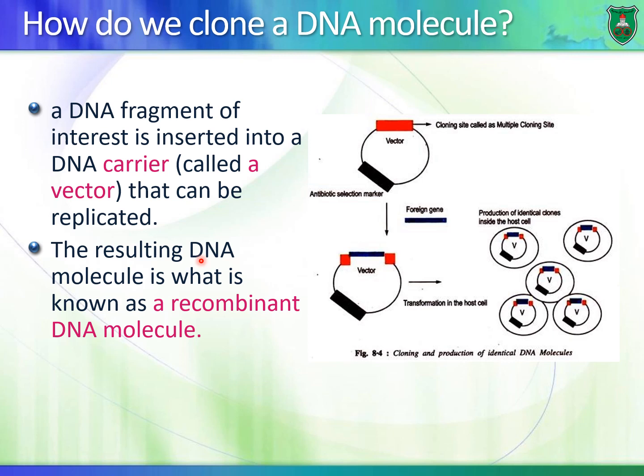Okay, now what we do is that we use a vector, a carrier, and this carrier is usually, or more commonly, a DNA plasmid. A plasmid is basically an extra chromosomal DNA. What it means is that it's a DNA that is different than the bacterial chromosome. Remember, bacterial cells have one circular chromosome, but they can also have multiple copies of plasmids, which are extra chromosomal DNA pieces.